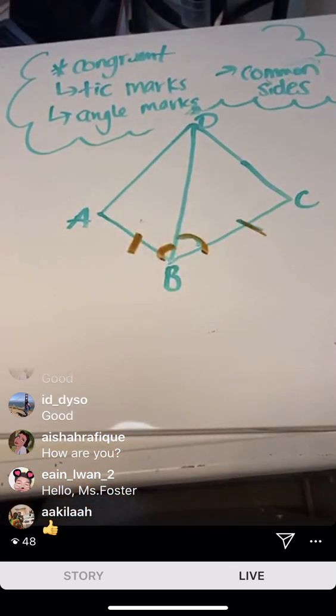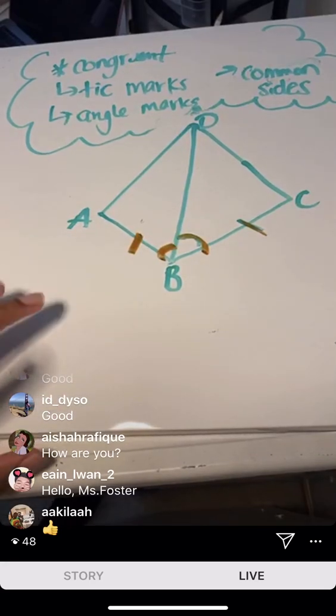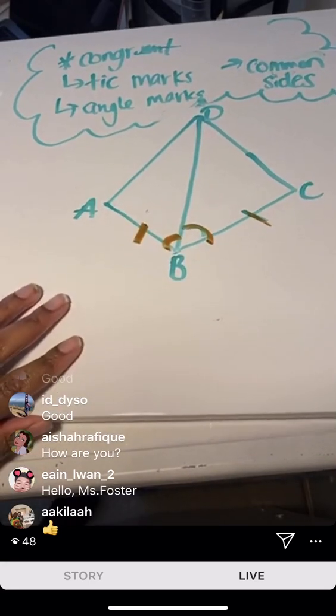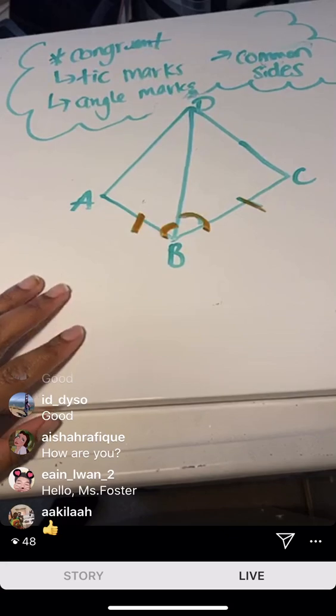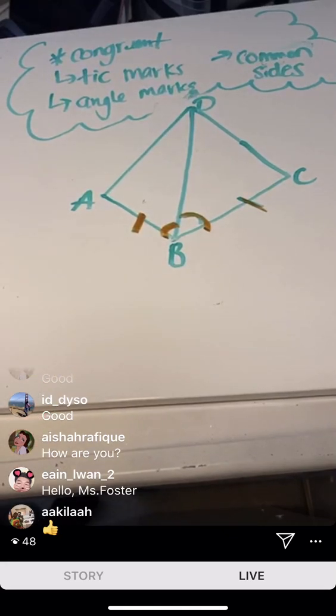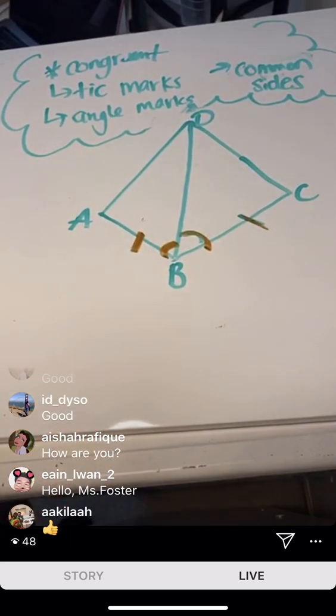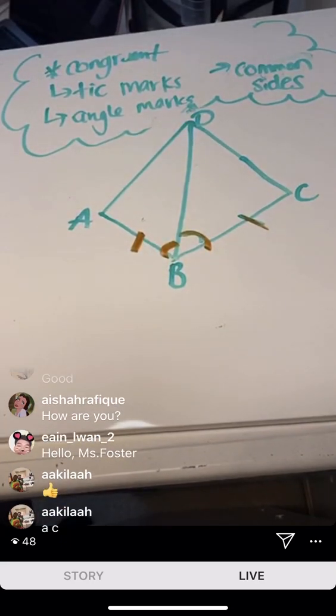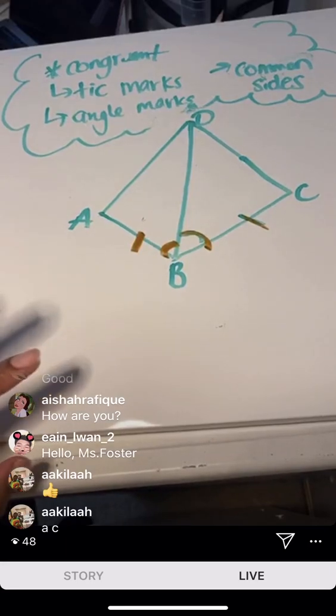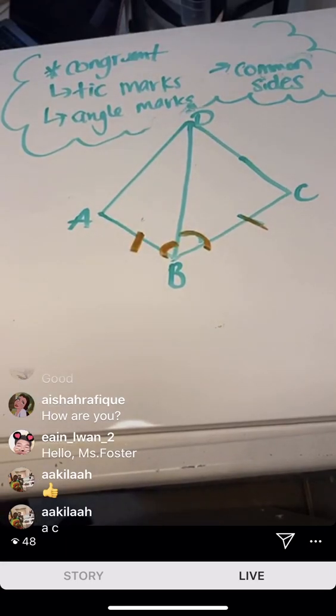All right, so when you have this like this, can anybody tell me a pair of congruent sides that you see based off of the tick marks? Just type it in the comments. I can see your comments below. A pair of congruent sides. Anybody see a pair of sides that are congruent? We're looking for sides and angles to be congruent.